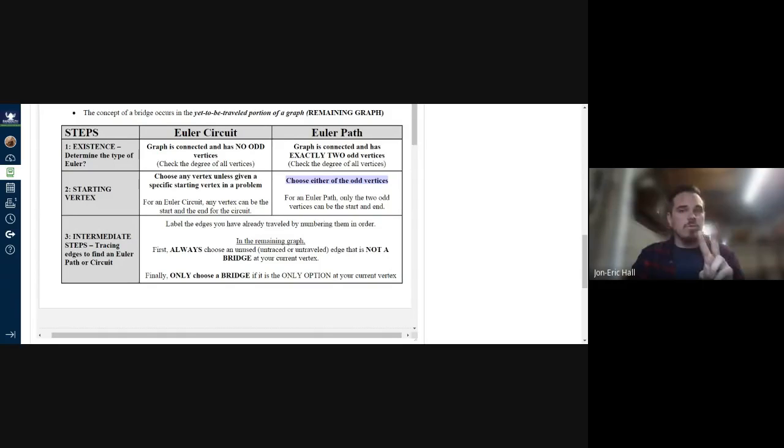And you should only have 2, from the theorem that we learned last week, last Monday, so a week ago, try not to forget all that: a Euler path has exactly 2 odd vertices. So choose one of them, start there, and make sure that you don't use a bridge unless it's your only option left. Okay.